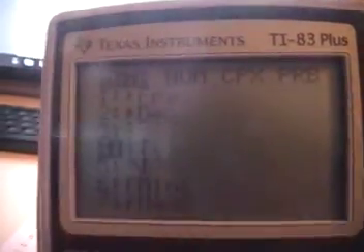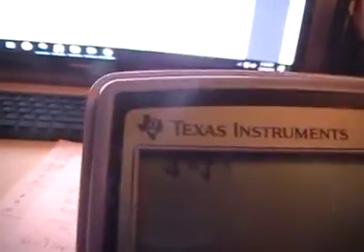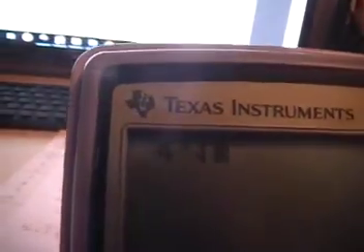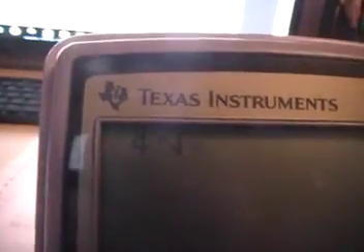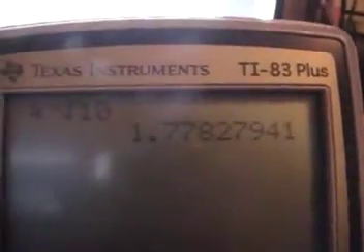So if I go to the fifth one and select that one, it looks like 4 times the radical, but this is the calculator's way of knowing I'm going to stick a 4 where that X is. This tells it to do the fourth root of 10. The fourth root of 10 as a decimal is here.